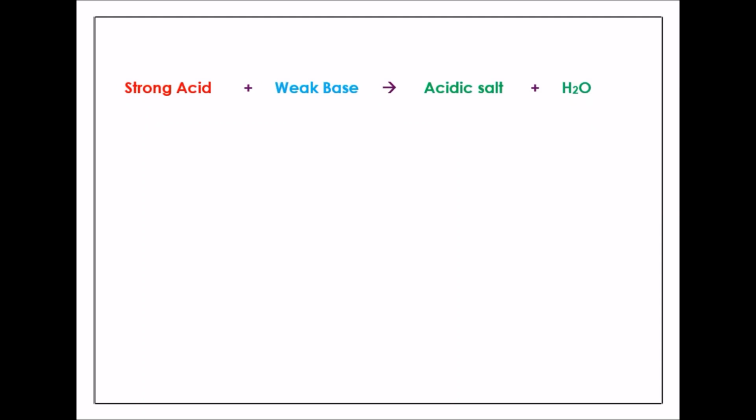What happens if a strong acid reacts with a weak base? A strong acid means there will be more H plus ions, and a weak base means fewer OH minus ions. Here the dominating part is H plus ions, so the salt which is forming will have H plus ion domination, which leads to an acidic salt. Of course, water is produced.